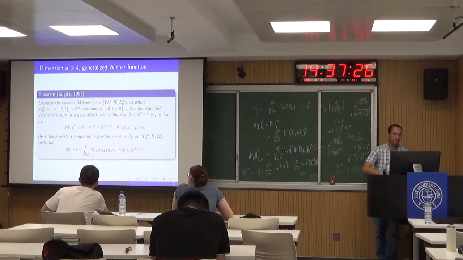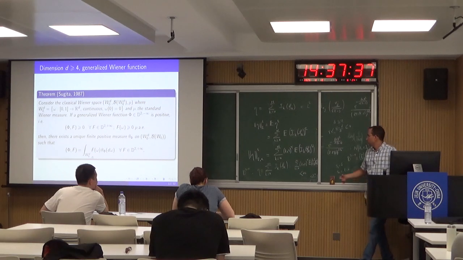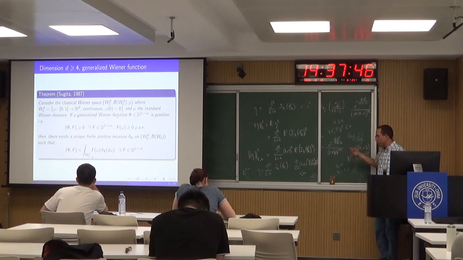Of course, this is a complicated result. What we get from it is that if we have some element from D2^-α which is positive, then we can represent it by some measure on this Wiener space of continuous functions from [0,1] to R^d.